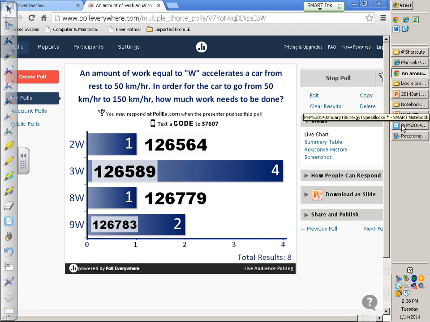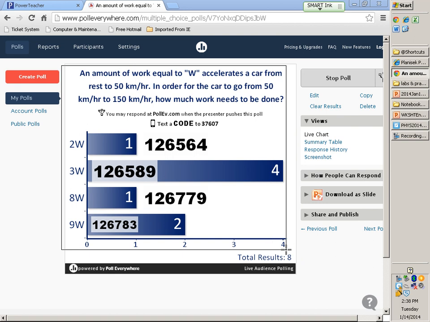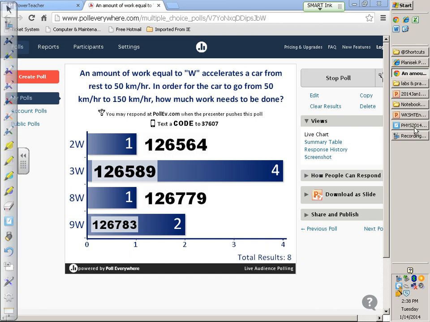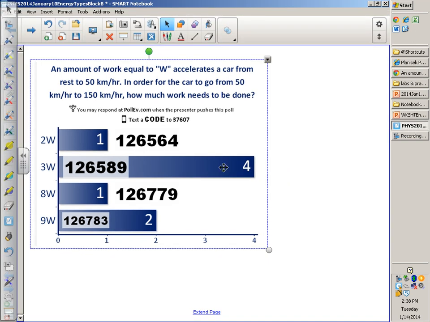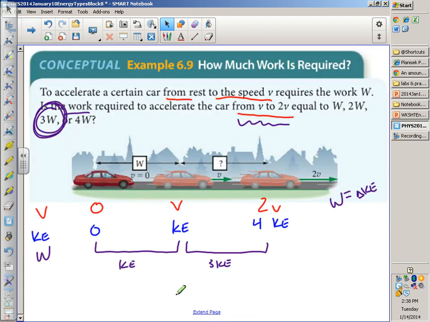So, let's go here. Let me grab this and put it here. Yesterday we talked about this scenario where the car was accelerating from V to 2V, and we looked at the changes in kinetic energy.